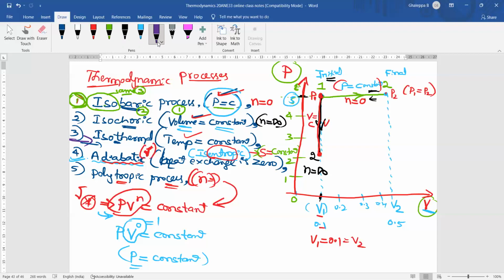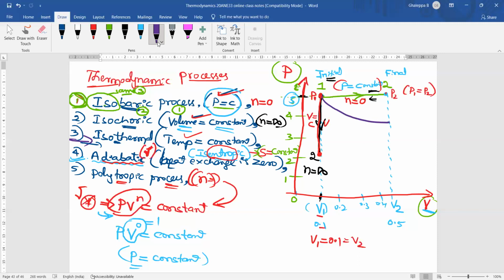when you are plotting PV diagram for any thermodynamic process, whichever it may be, if it is constant pressure, you write horizontal. If it is constant volume, you write vertical. Other than these two, constant pressure and constant volume, if any process is there, draw with curved line.